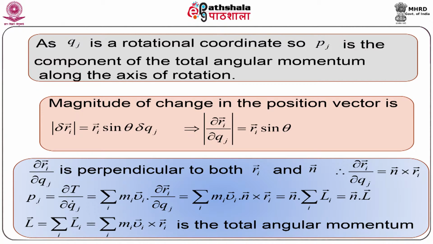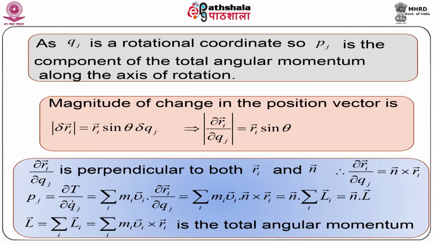This can be written as Pj equals n dot summation over i Li, equals n dot L, where L equals summation over i Li, which is the angular momentum of the system.